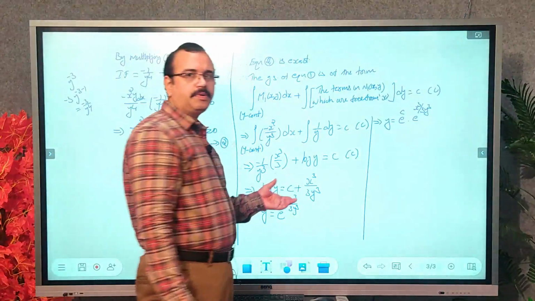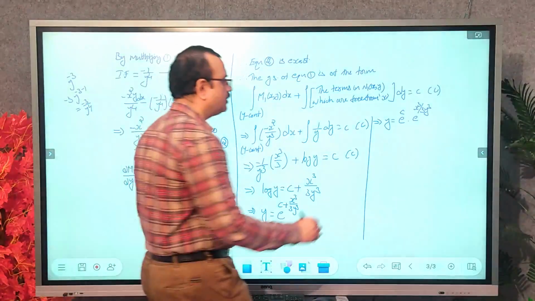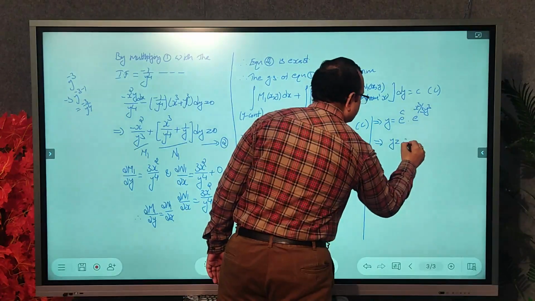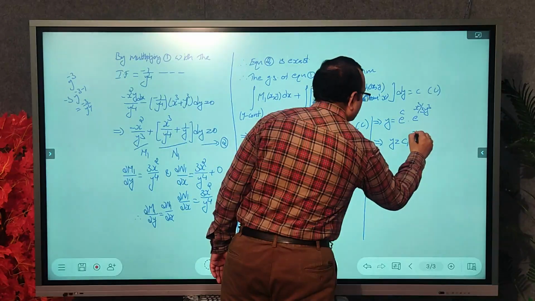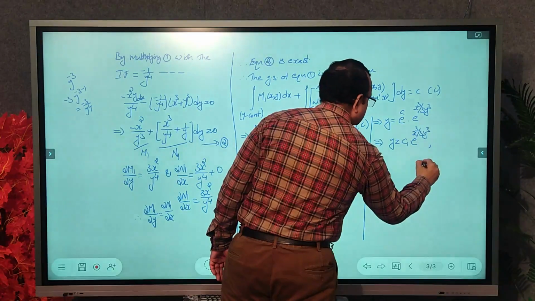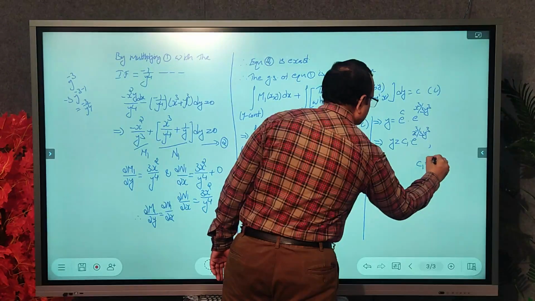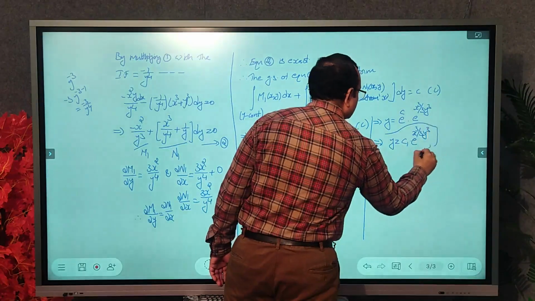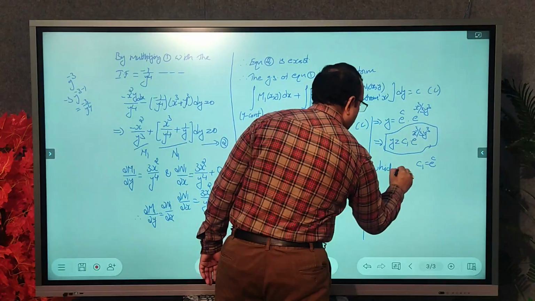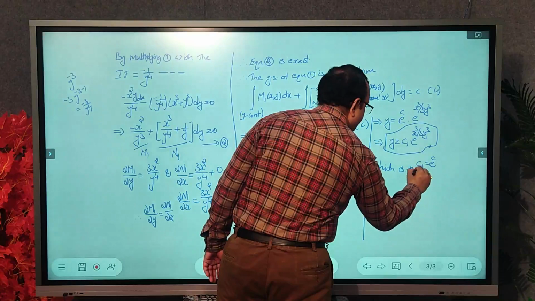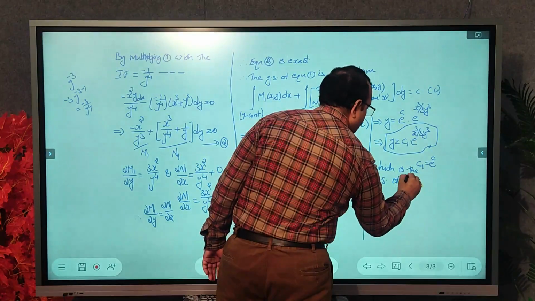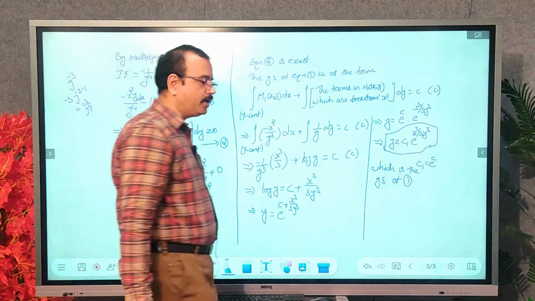But again e power c can be taken as another arbitrary constant, so we can write y is equal to c1 into e power x cube by 3y cube, where c1 is nothing but e power c. This is the general solution of the given differential equation 1.